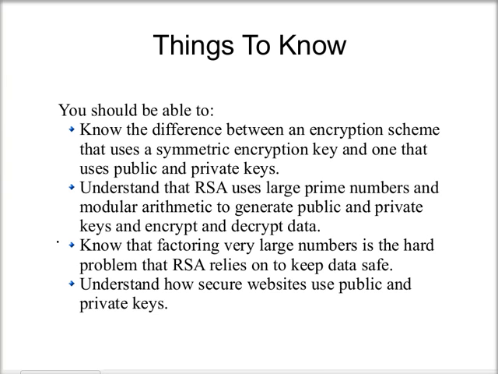You should understand that RSA uses large prime numbers and modular arithmetic to generate public and private keys and encrypt and decrypt data. Also, know that factoring very large numbers is a hard problem that RSA relies on to keep data safe. And finally, understand how secure websites use public and private keys to keep your personal information safe.